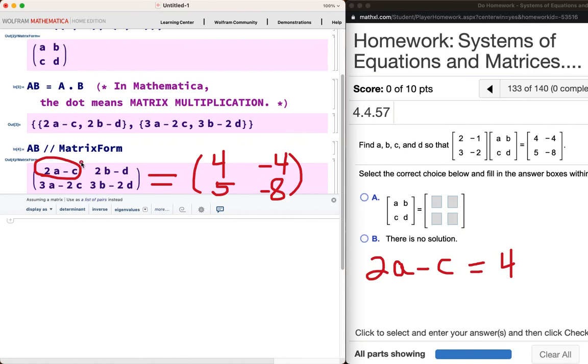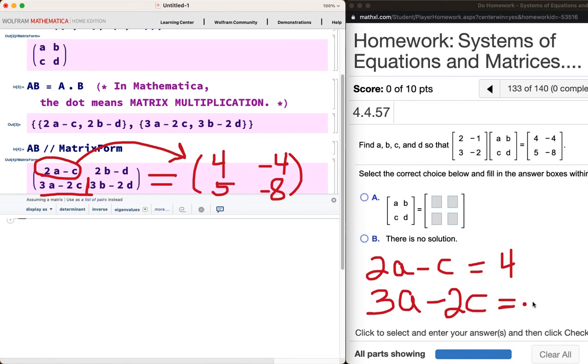So this expression here has to be equal to 4. This expression here, 3a minus 2c. That's the phone. Let's just ignore the phone.